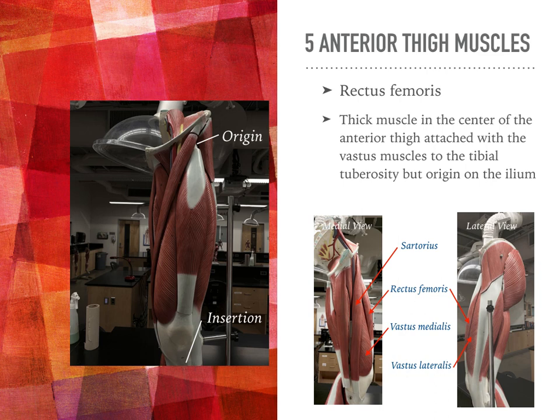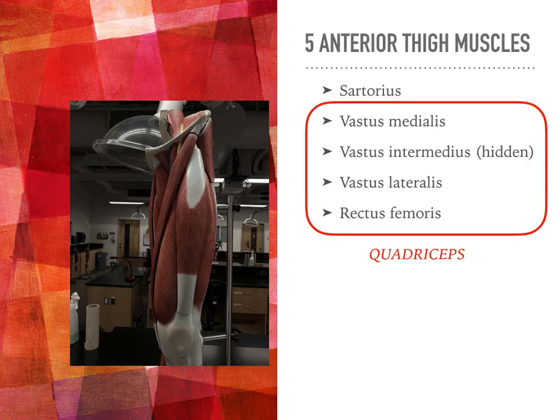This rectus femoris, along with the three vastus muscles, again, are the quadriceps, and they all insert together. We think of them as one group, quadriceps, because they have a single insertion. They all pull the leg forward as in a kicking motion by reaching down and grabbing that large tibial tuberosity on the tibia below the knee.